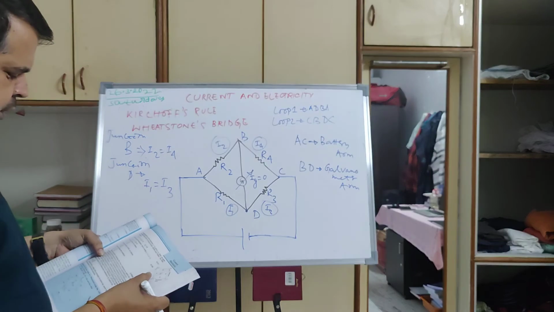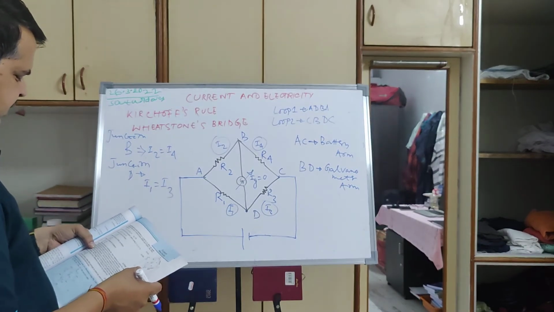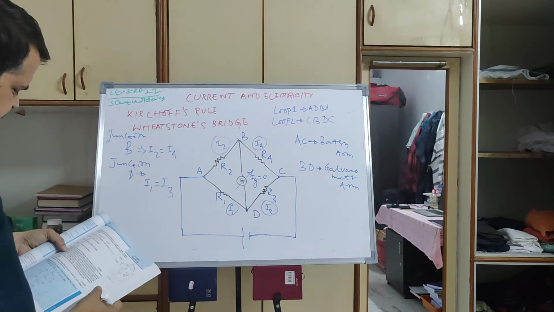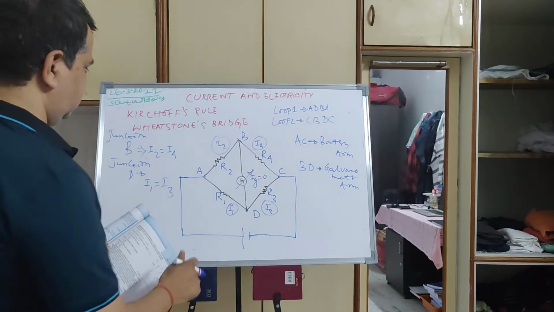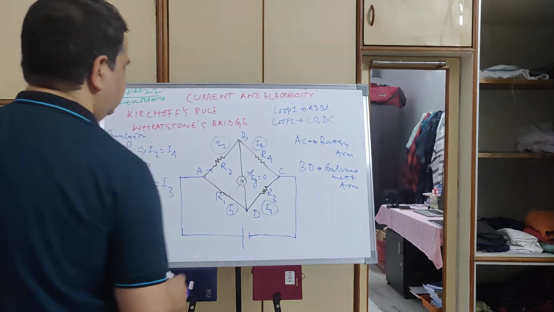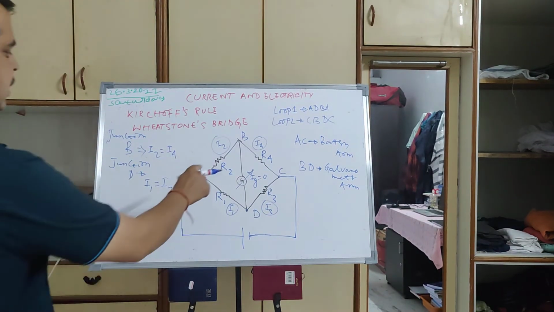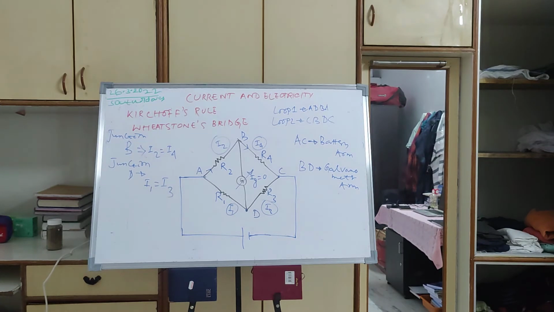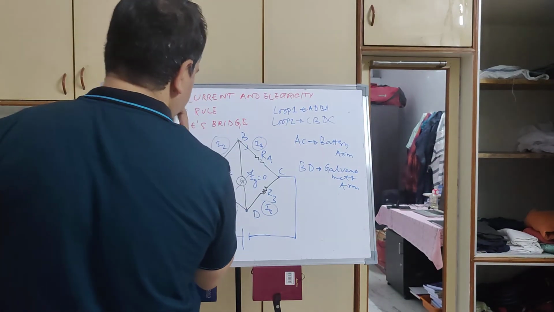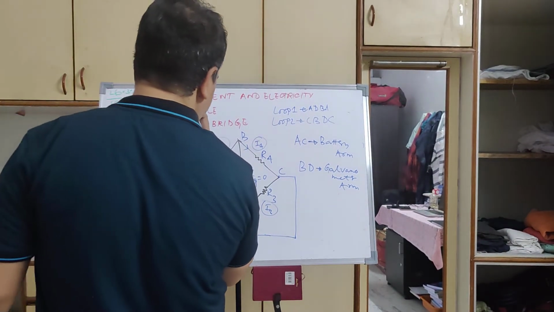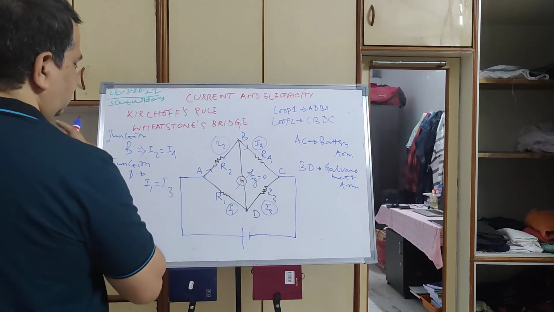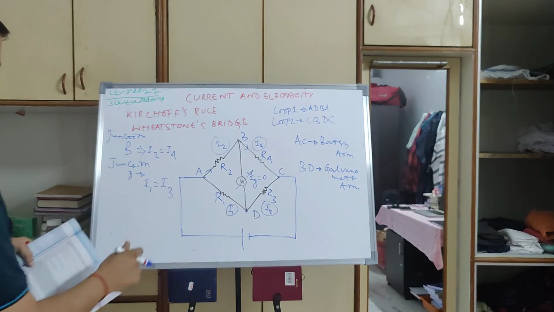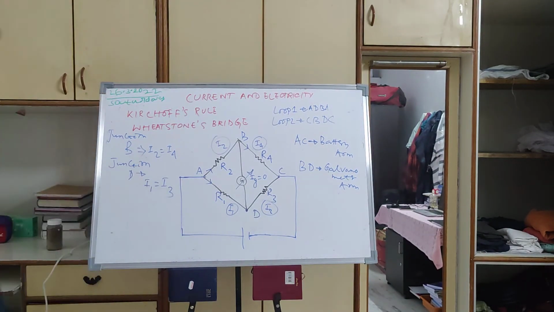So if you consider ADBA, what does it really indicate? You are assuming that the current is flowing like this. Here the current is 0, so the current will go like this. And here also you are imagining as if the current is getting branched into two.